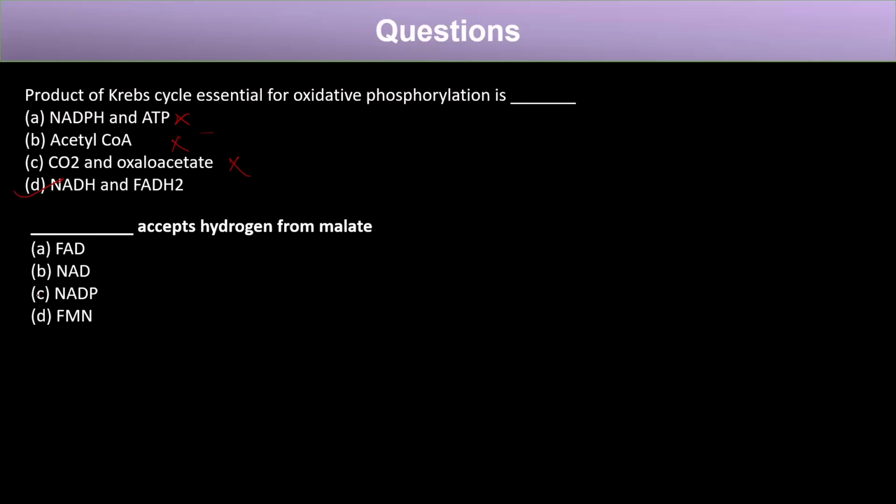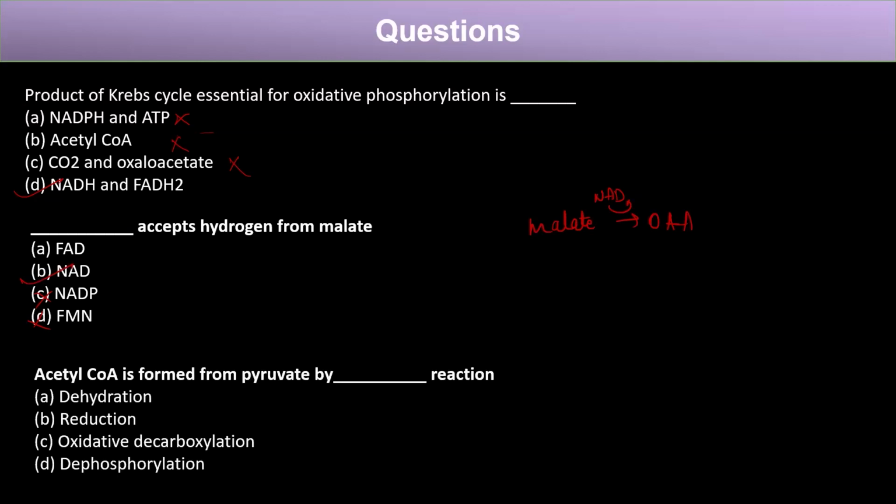We do not have NADP or FMN involved here. From malate we form oxaloacetic acid, and the compound involved is NAD, which accepts the electron to form NADH. So here the answer will be NAD.